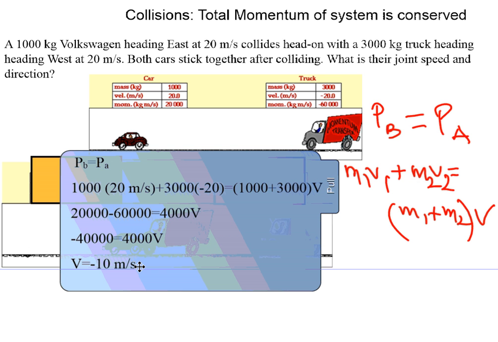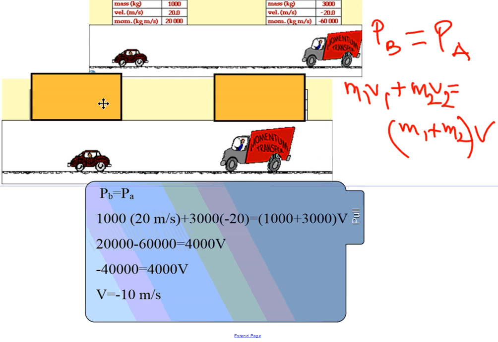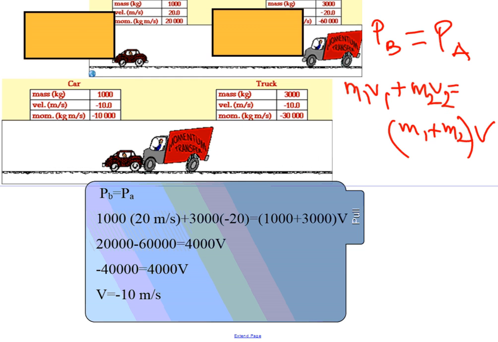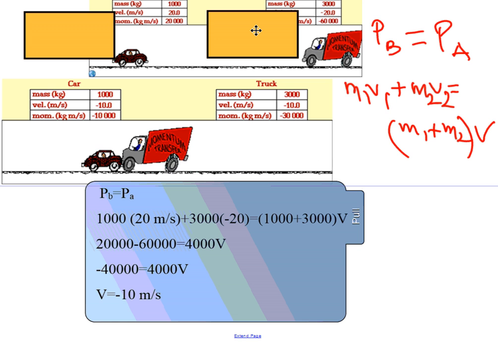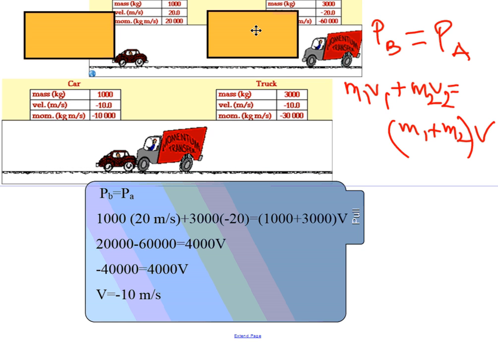Solving that equation, we see that their joint velocity is 10 meters per second, and it's minus, meaning it's to the left. So after they collide, they both move to the left with a joint velocity of minus 10 meters per second.